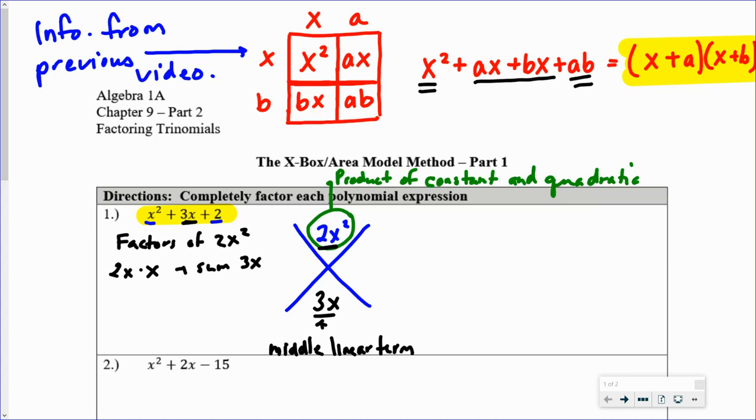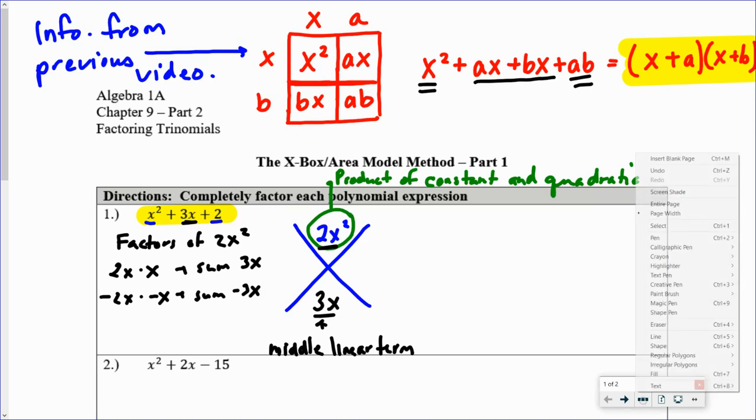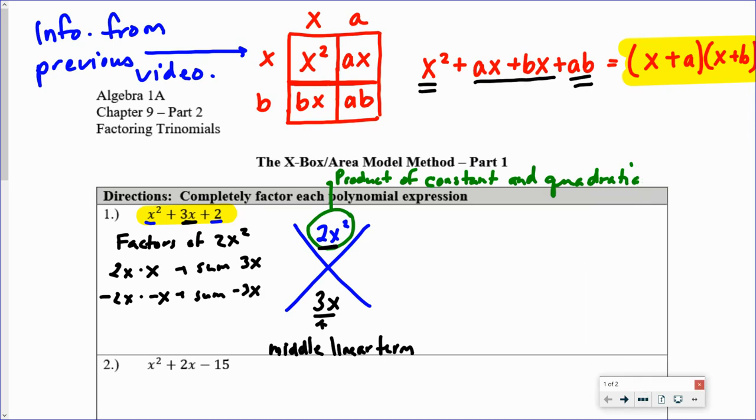There are other factors of 2x squared, so negative 2x times negative x. If we multiply those together, we get positive 2x squared. But in this case, the sum of those is negative 3x. So in this case, the numbers that we're looking for are 2x and x. So 2x goes here and x goes here.